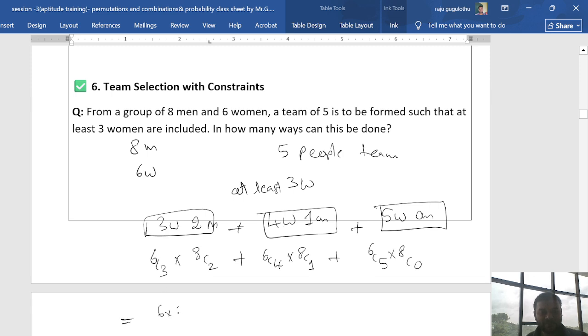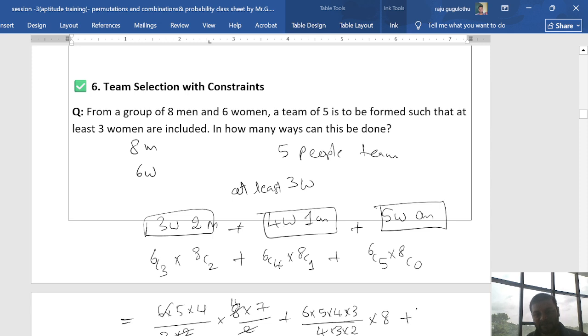6C3 means 6 into 5 into 4 by 3 into 2. That is, the 6 will cancel. Into 8C2 means 8 into 7 by 2 into 1. Plus 6C4 means 6 into 5 into 4 into 3 by 4 into 3 into 2 into 1, into 8C1 means 8, plus 6C5 means 6, 8C0 means 1.